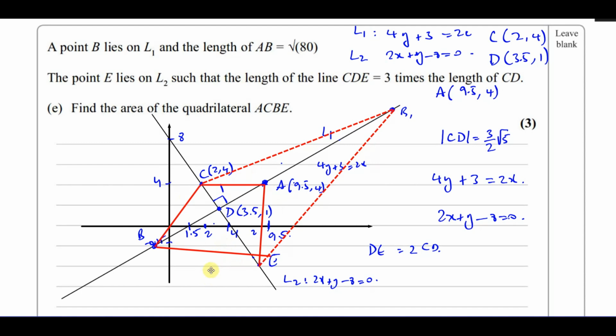Now what we do know is that in this quadrilateral, these two lines go through the vertices of it, CE and BA, and those two lines are perpendicular to each other. So what we can do here is think of two triangles.